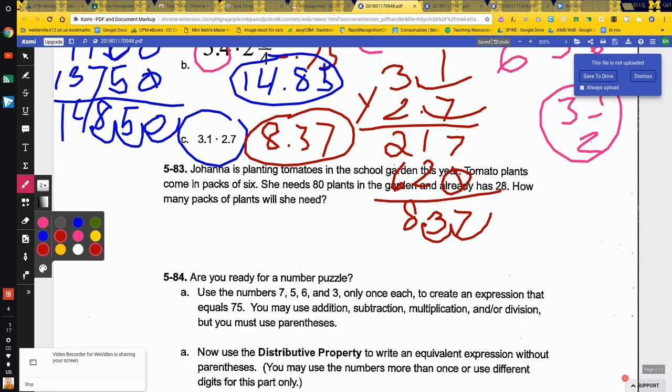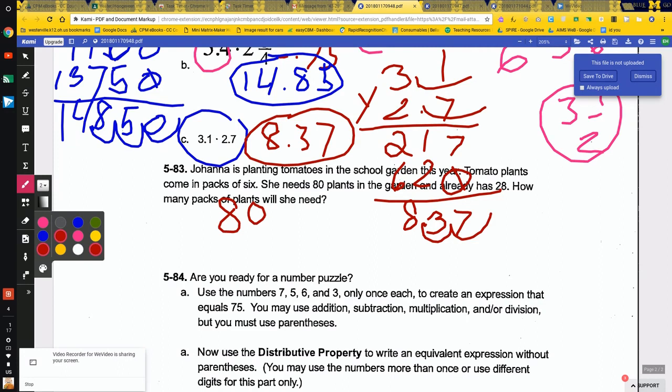583. Jonathan is planting tomatoes at the school garden this year. Tomato plants come in packs of 6. So he needs 80 plants in the garden and already has 28. How many more packs will he need? Well, knowing that he already has 28, he needs 80 in total.